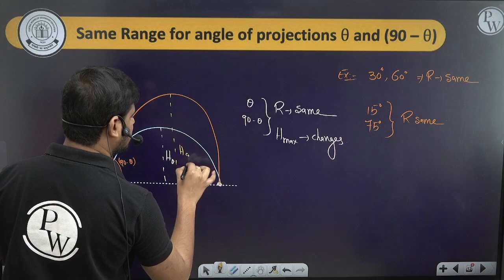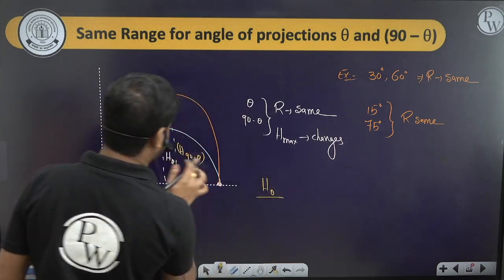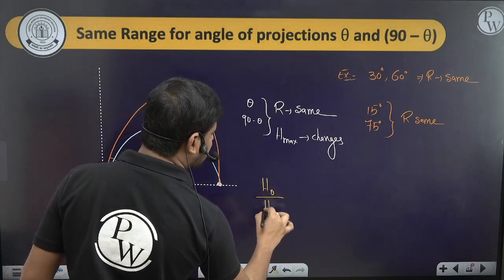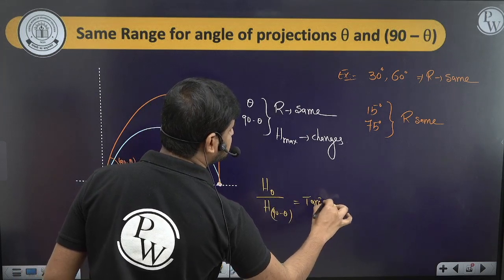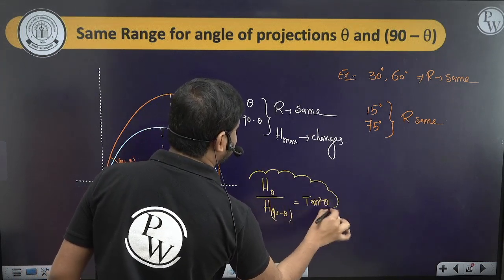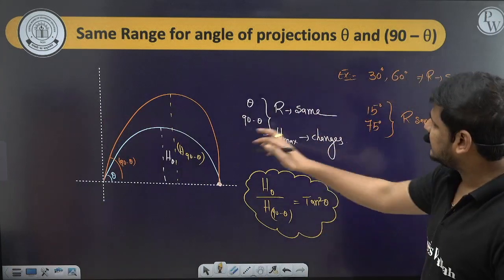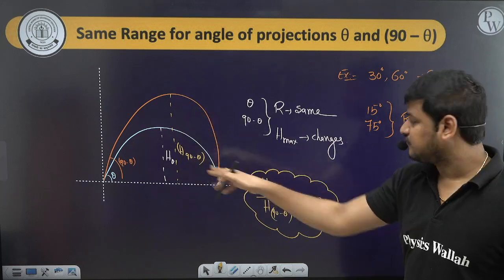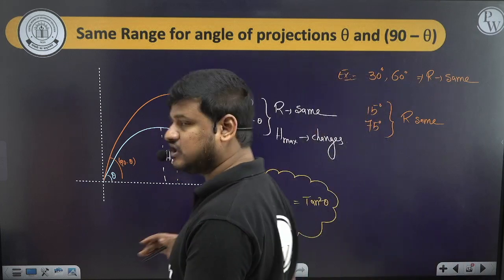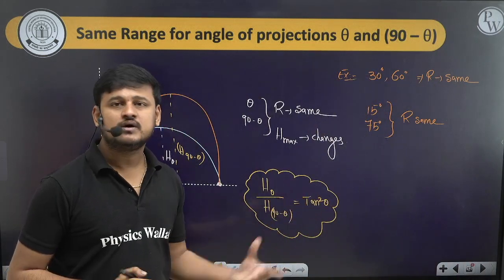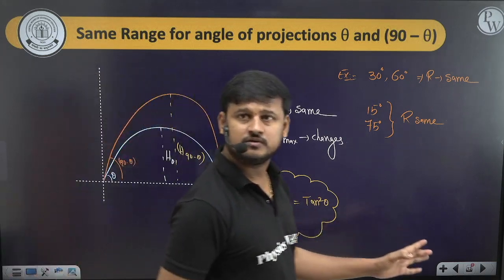The relation between these two heights is given as tan square theta. This is also an important result you should remember. Their ranges will be the same, but their heights differ. The ratio is H theta by H of 90 minus theta equals tan square theta. Clear, everyone? Chalo, let's move further.